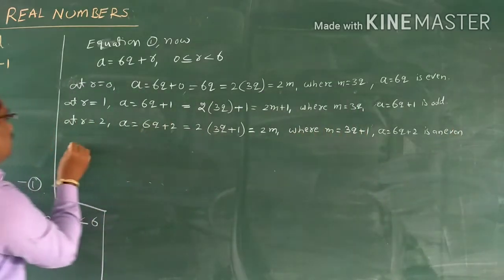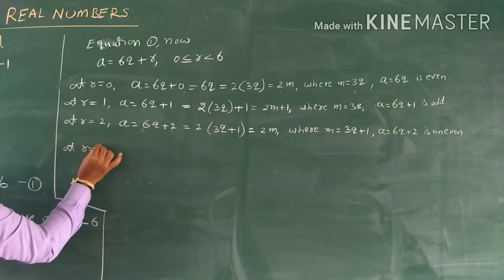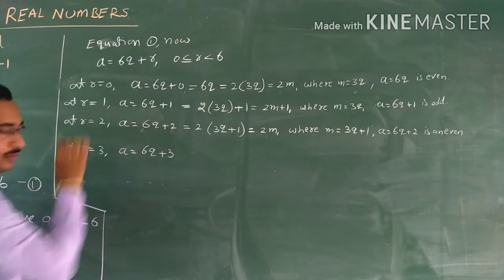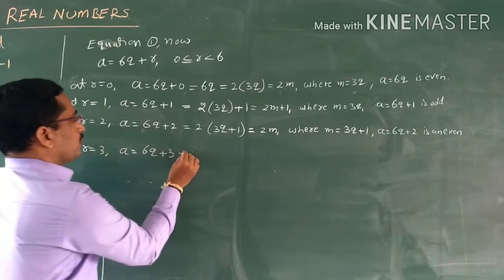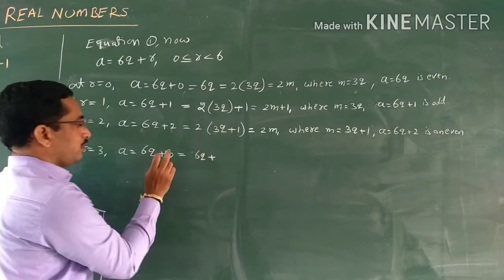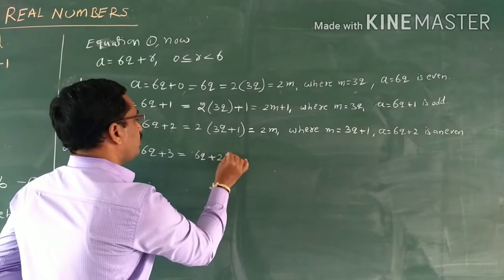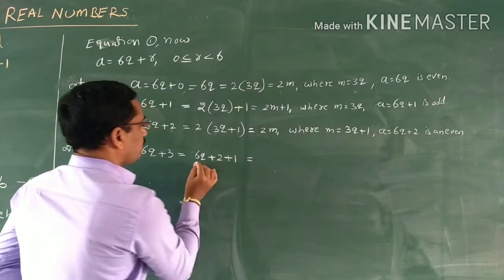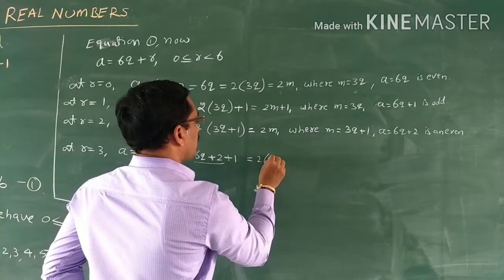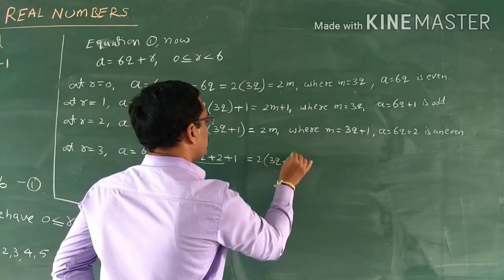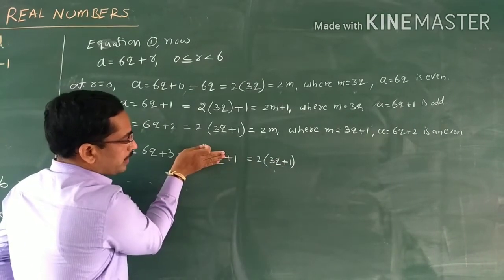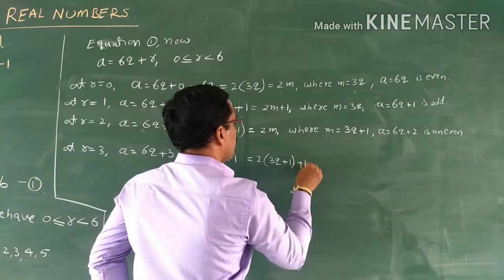Next, at r equal to 3, a equal to 6q plus 3. See how to write this: we have to split 3 as 2 plus 1. From here, the first 2 terms, take 2 common. 2 common means 3q plus 1, the same order. 2 common, 3q plus 1, this is completed, and plus 1 remaining.